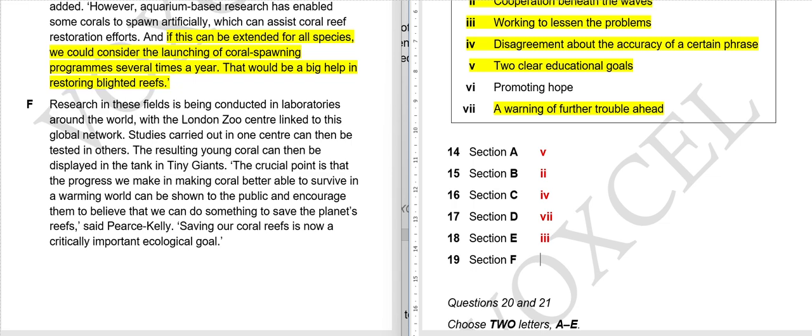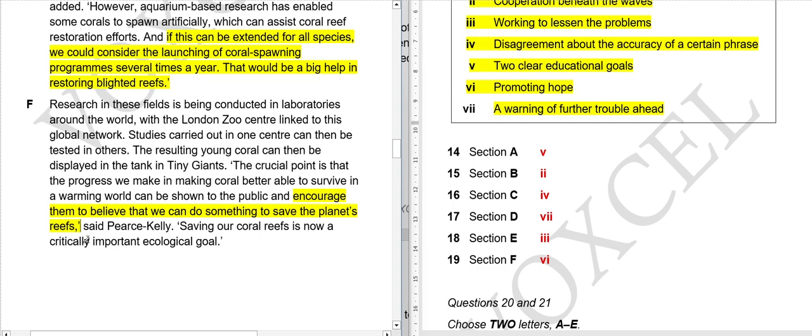Time's up, and our answer to this question is option number 6. Promoting hope. I hope you arrived at the correct answer. If not, that's okay. I'll tell you why it's the correct answer and where it's written. So here they have clearly said, encourage them to believe that we can do something to save the planet's reefs.